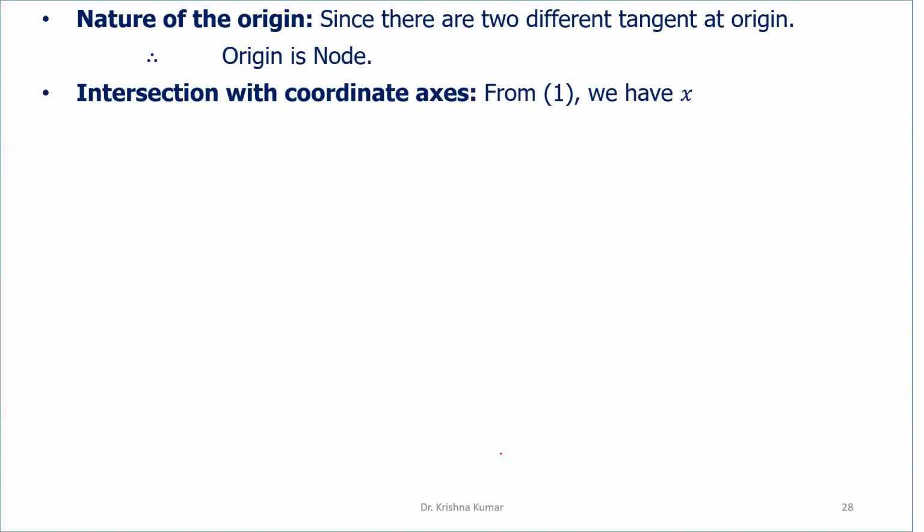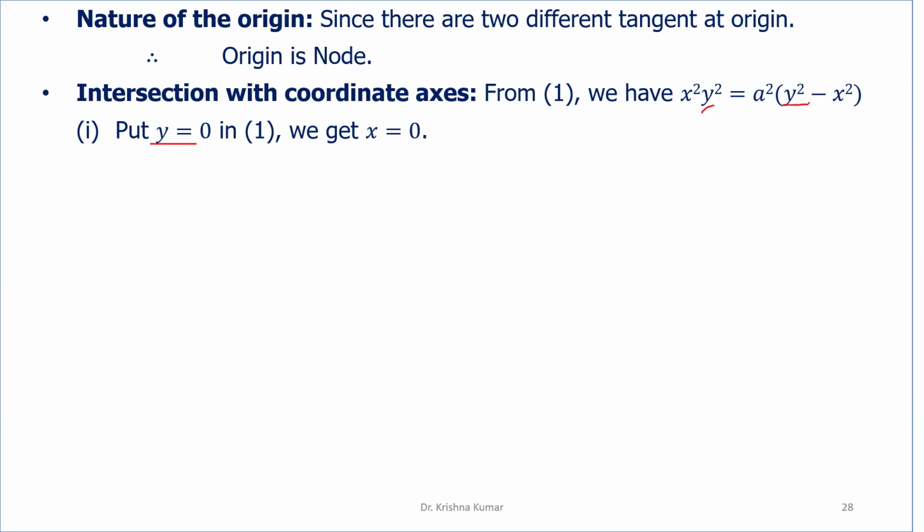Now let us try to find out the intersection with coordinate axes. From equation 1, we have x² y² = a²(y² − x²). If you put x = 0 or y = 0, then we get the intersection with coordinate axes. If y = 0, this is 0, this is 0, so we are getting x = 0.